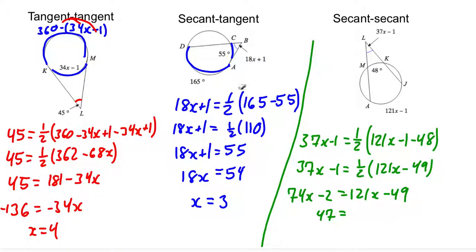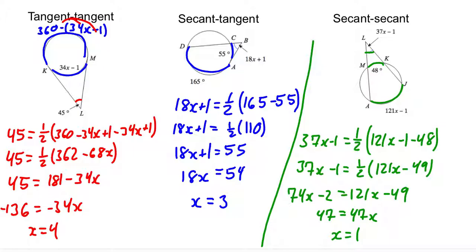Sorry, 121 minus 74 is 47. So I get 47x equals 47, or x equals 1. Yet again, the situation where this angle of the two intersecting secants is half of the difference between the far arc minus the close arc.